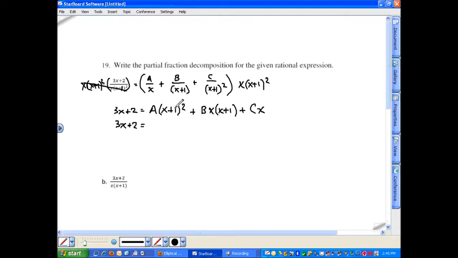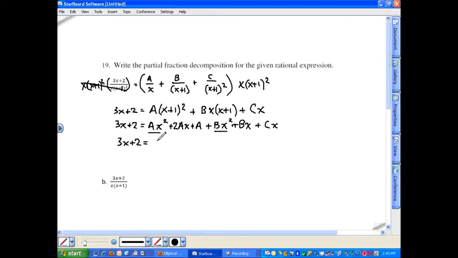Now if we simplify a little bit here, x plus 1 squared multiplied with a is going to be ax squared plus 2ax plus a. And if we simplify a little bit here, there's going to be bx squared plus bx. And here, nothing to simplify. Now rearranging and grouping similar terms together, we have an ax squared and a bx squared.